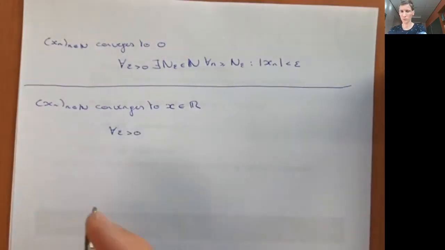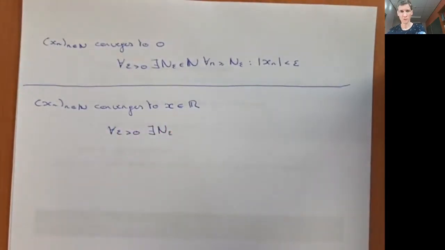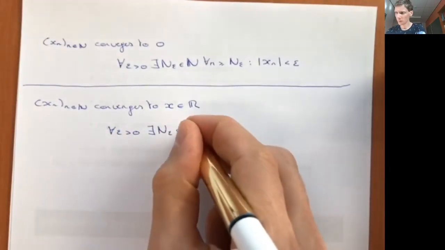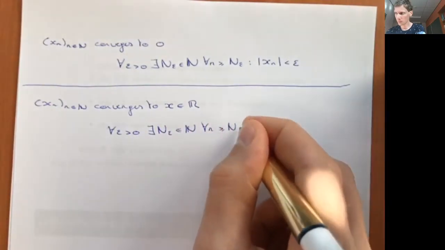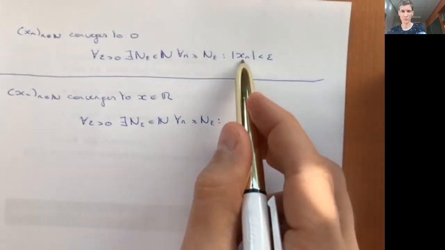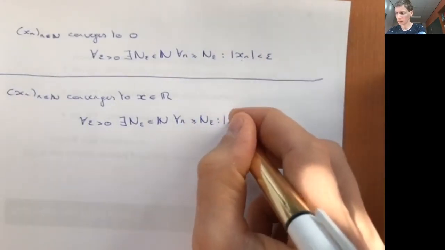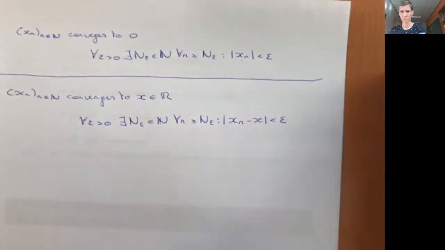So we're going to copy: for all epsilon bigger than 0, there exists a big N epsilon, such that for all small n greater than this big N. And now we're not going to look at the absolute value of xn, but at the absolute value of xn minus x.